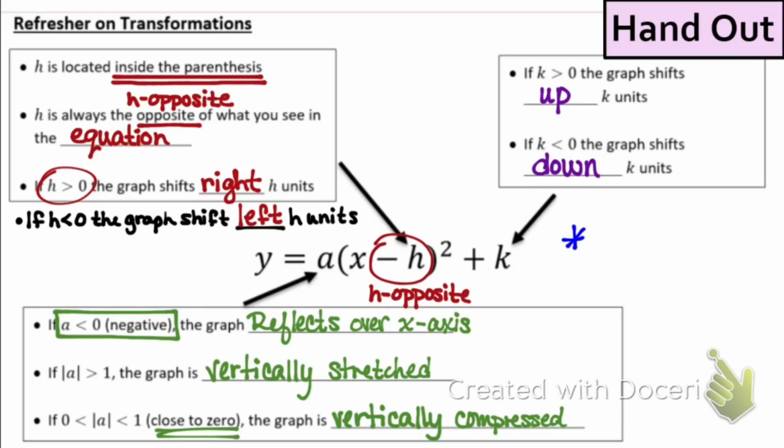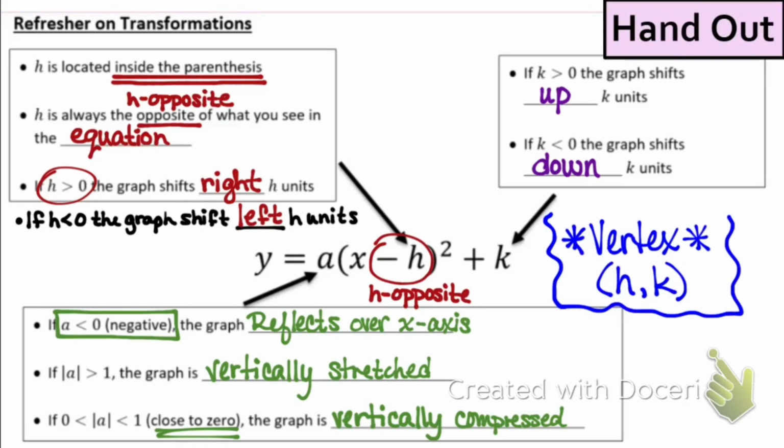Almost forgot. Add this right here. The vertex will always be (h, k). When it's written in this form, when it's written in a, h, k form, that vertex will be (h, k).